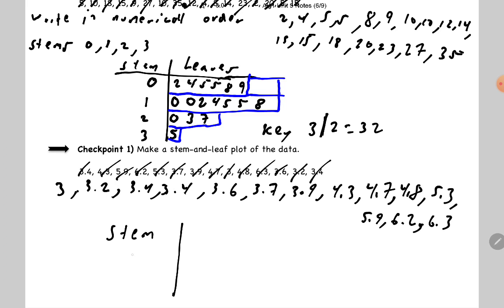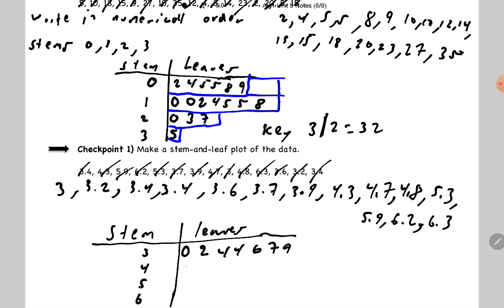These go from 3 to 6, so stems 3, 4, 5, 6. We have 3.0, 3.2, 3.4, 3.4, 3.6, 3.7, 3.9. And then we have 4.3, 4.7, 4.8, 5.3, 5.9, 6.2, and 6.3.